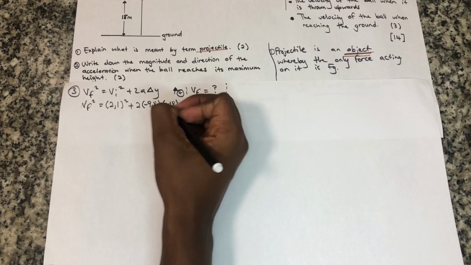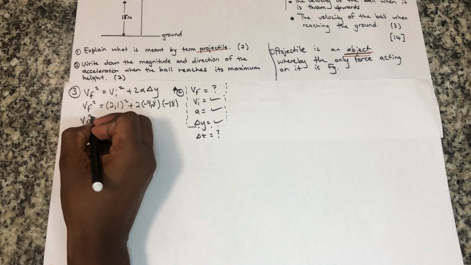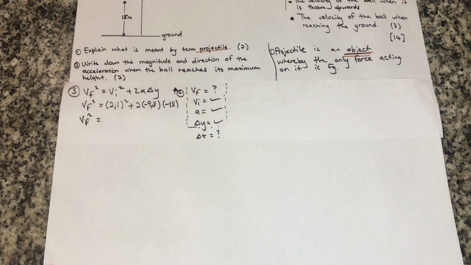So VF squared equals 2,1 squared plus 2 times negative 9,8 times negative 18. Punch that in our calculators.